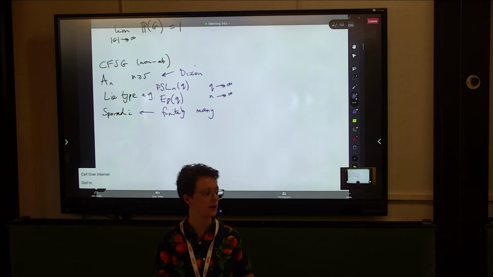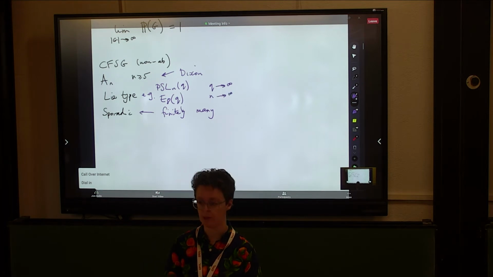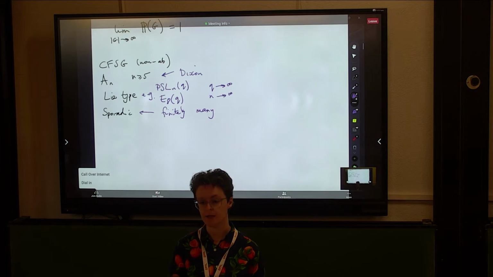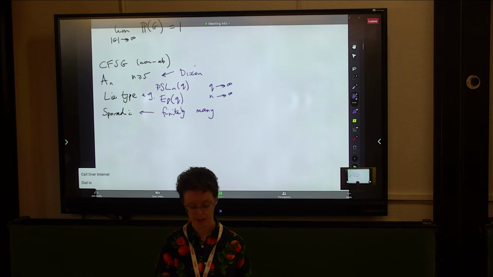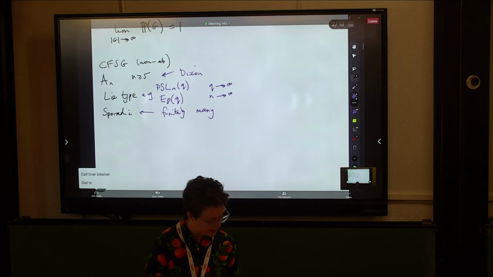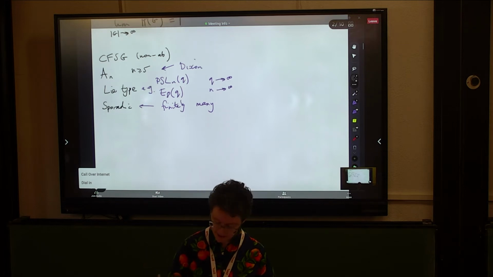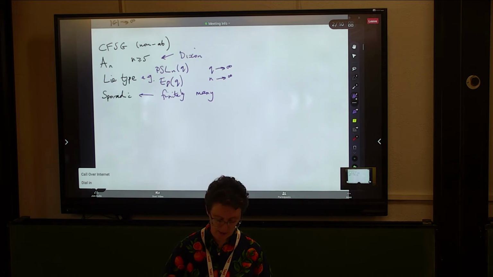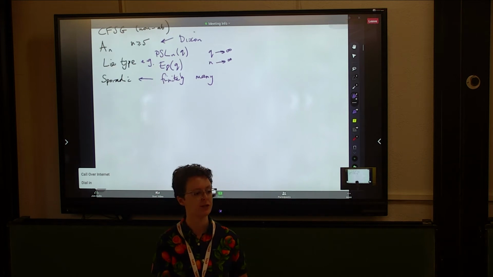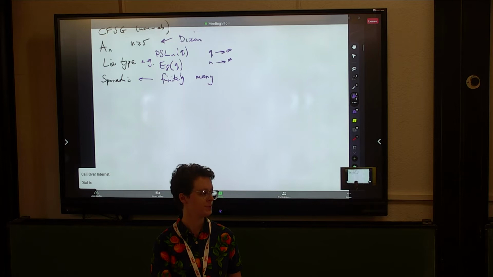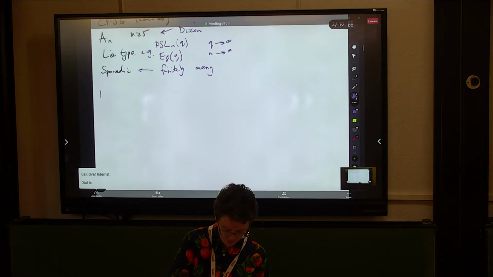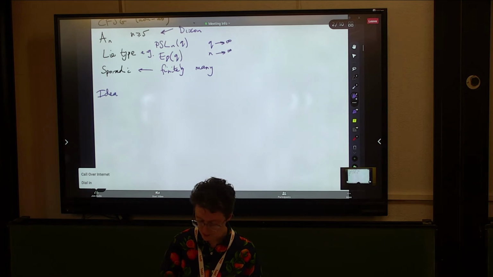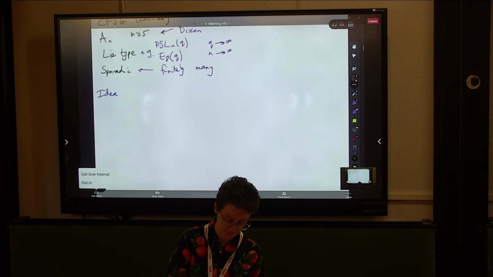Right, so we need to be thinking about writing down our probability in terms of q and n, and then checking that this goes to 1 if q goes to infinity or n goes to infinity. It's the basic idea. And the way that we're going to tackle this is by using more classification stuff, which is our knowledge of the maximal subgroups. Okay, so why are maximal subgroups interesting here?